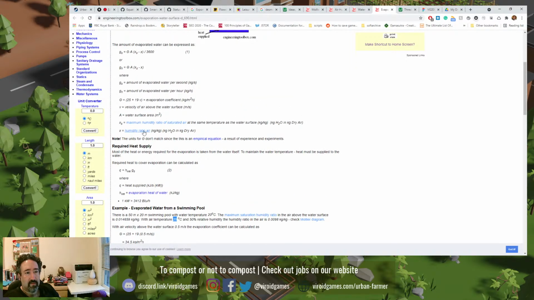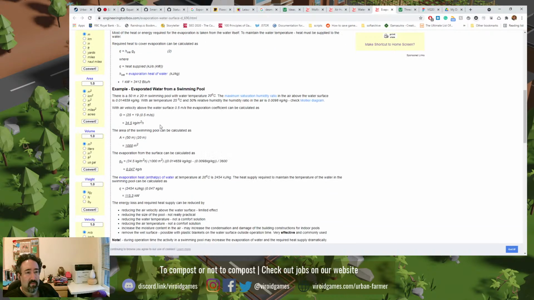XS minus X, which is basically the humidity ratio of saturated air minus humidity ratio of air. Essentially, it's calculating how much pressure there is in the air and how much humidity the air can take. So you multiply that with the surface and then theta, and theta is the evaporation coefficient, which also takes into account the wind speed, which is 0.5 meters per second. So according to this, we should get a number like this per second.